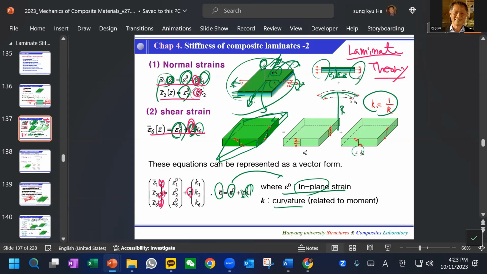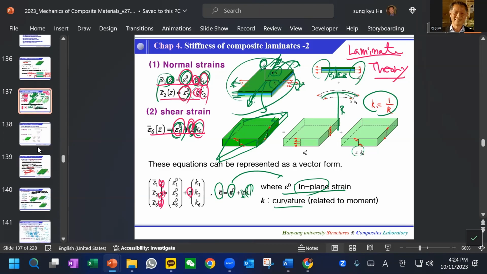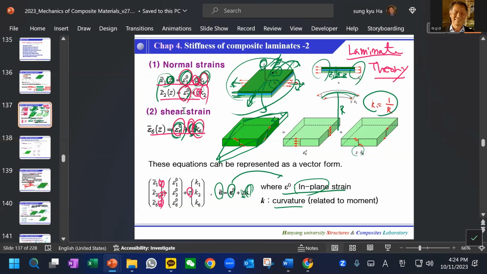To understand how each ply will deform, all you need to do is calculate this 1, 2, 3 and 1, 2, 3. No matter how many plies we have, no matter how many materials in the layup, all you need to do is calculate these 6.